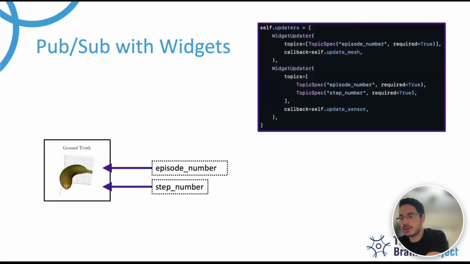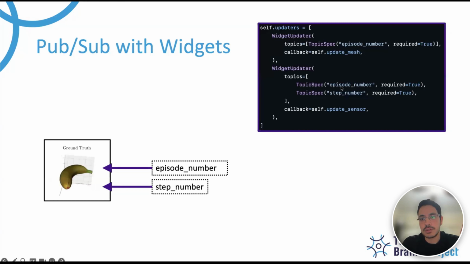Okay, here's another slightly different example. This one doesn't publish anything, so we don't have state to messages, but we have updaters. This is one example where we actually need more than one updater. We need one updater that's going to update the mesh, and this one only listens to episode number, because this is the primary target mesh, so it only changes with the episode. If the episode changes, the primary target changes, and we want to update the mesh to some other object.